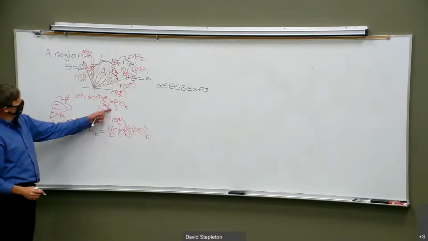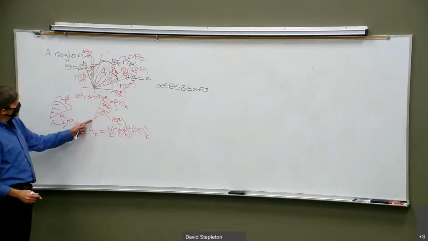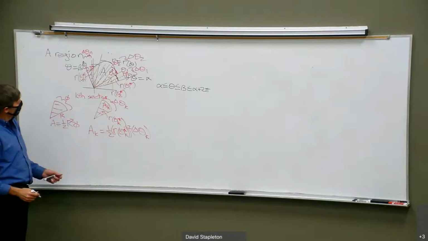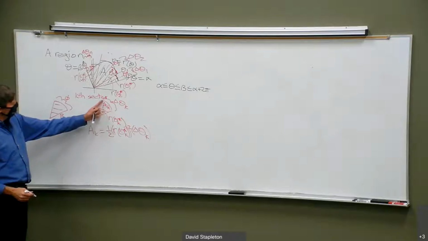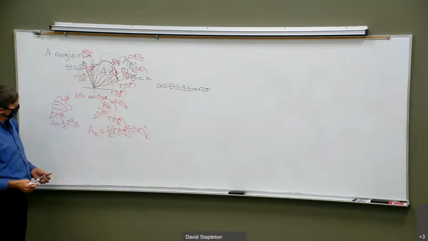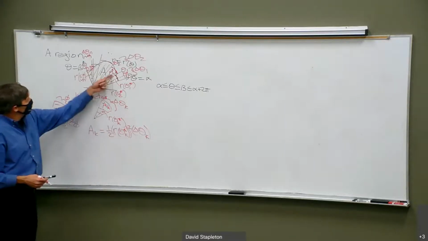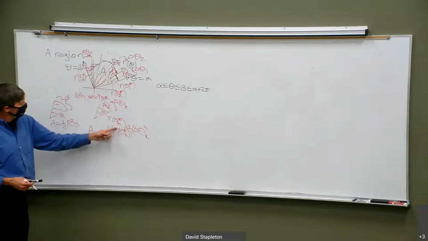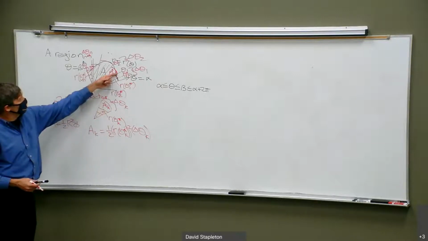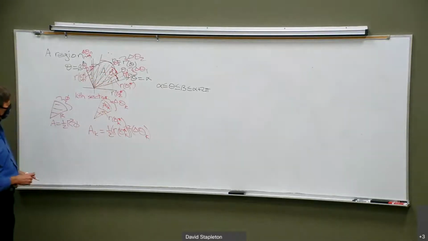So we just apply that to this sector here, a piece of a circle, the area it encloses from a central angle. It's 1/2 r squared phi, where phi is the increment here, delta theta k, and the radius is the radius out to the curve at some point in the interval.